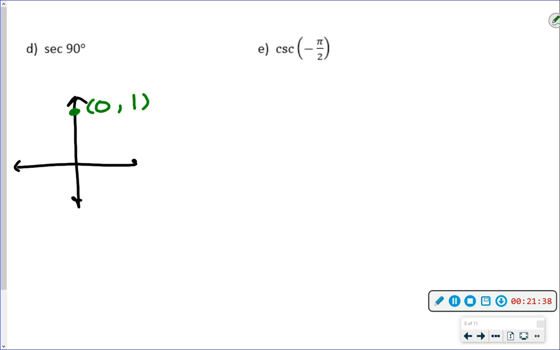Now, secant. Remember, you have cosine and sine. On your yellow sheet, reciprocal identities, secant is equivalent to 1 over cosine. Cosine is 0. Final answer, undefined. 0 under the line is undefined.